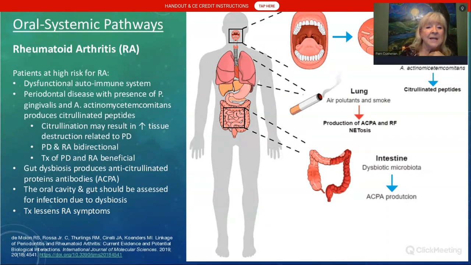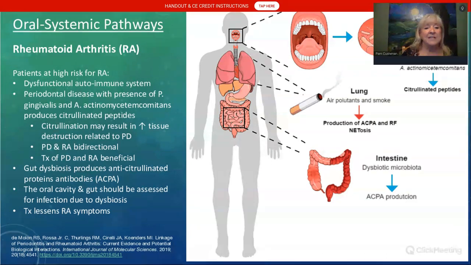So when you've got one, it can increase the risk and the exacerbation of the other, both ways. Now, this method of transmission of these bacteria is gut dysbiosis. This is the third method of dissemination that we discussed earlier. So gut dysbiosis, the bacteria are all out of balance there.